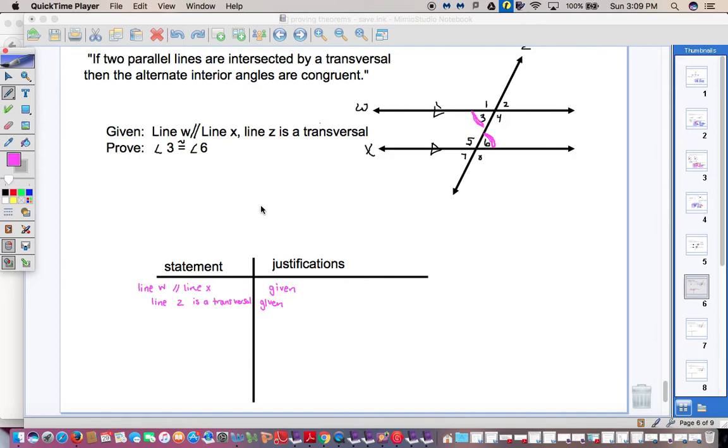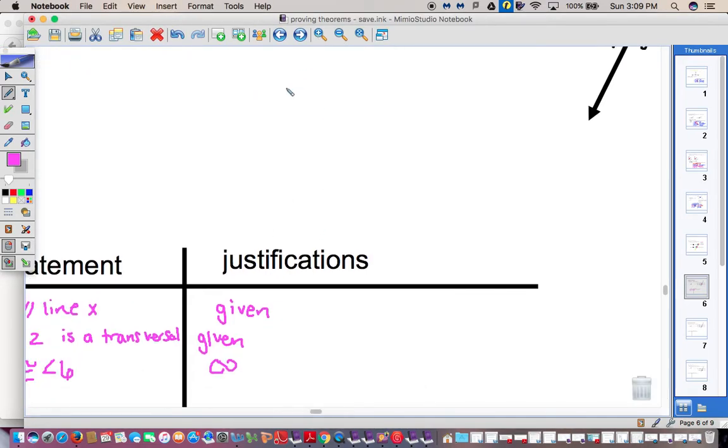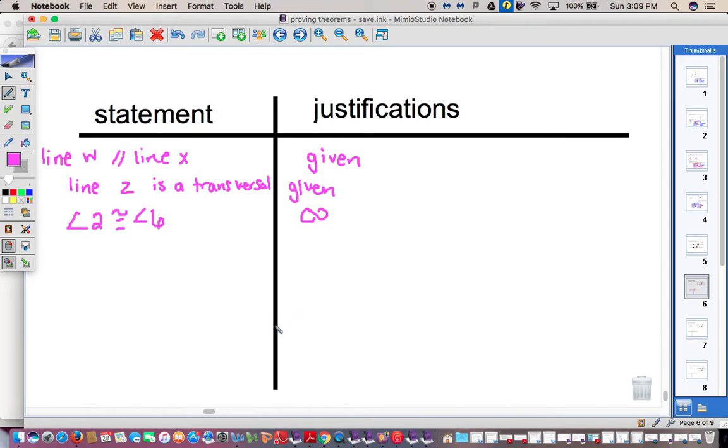Okay, so we can start by saying that angle 2 corresponds to angle 6, right? They're in corresponding locations. So we know that angle 2 is congruent to angle 6. And this is because they're in corresponding locations.